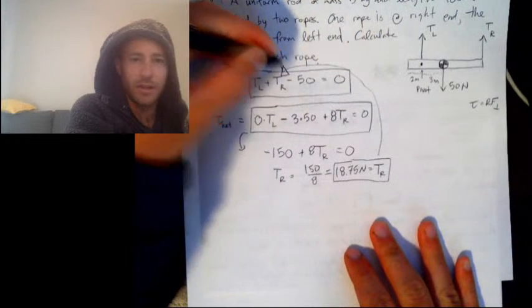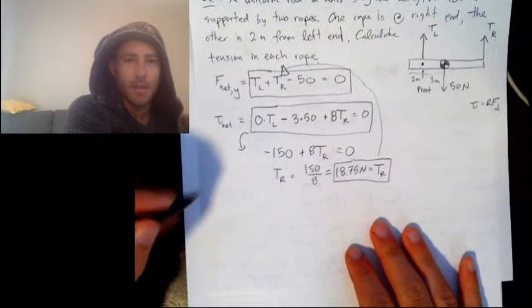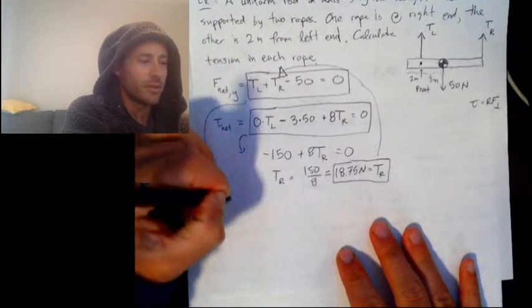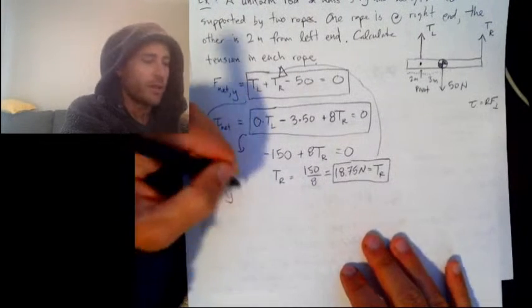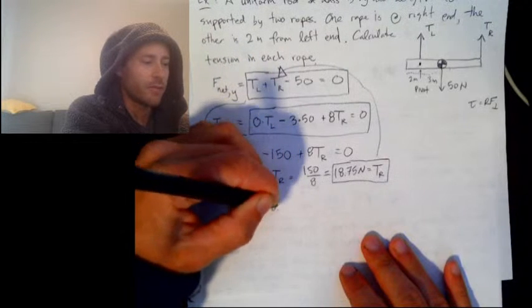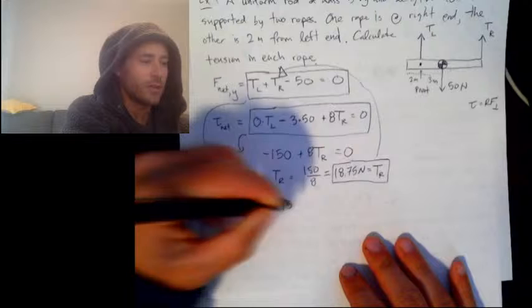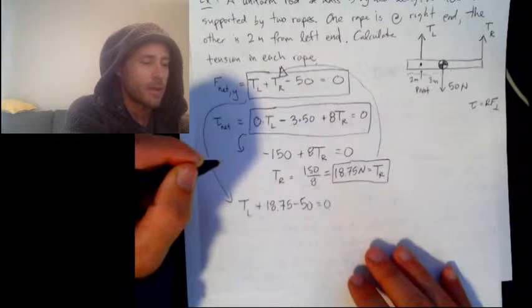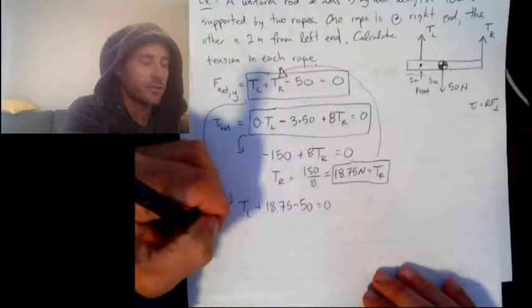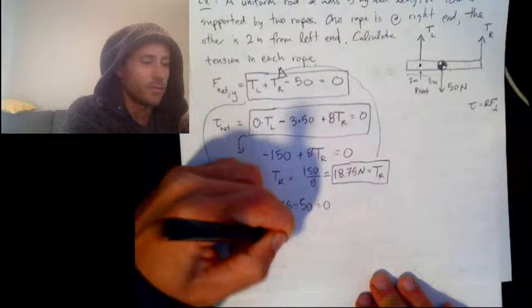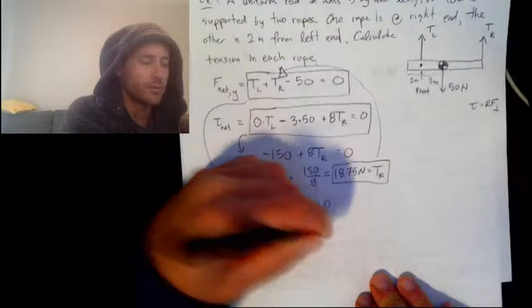So I'm going to plug that in for T sub R. And I will rewrite this equation down here. So I have T sub L plus 18.75 minus 50 equals 0. And this says that the left tension is 31.25 newtons. Okay.